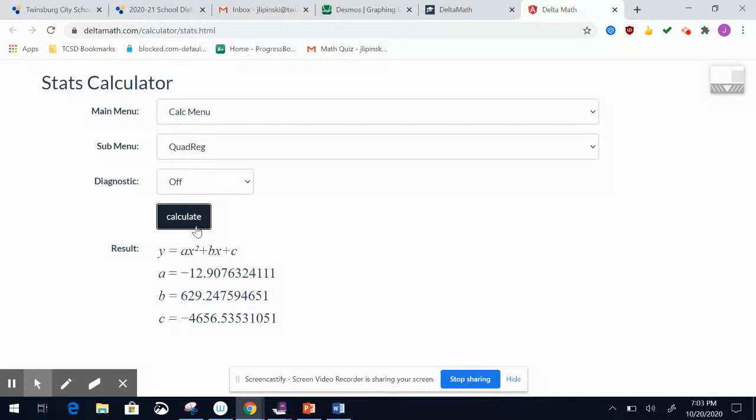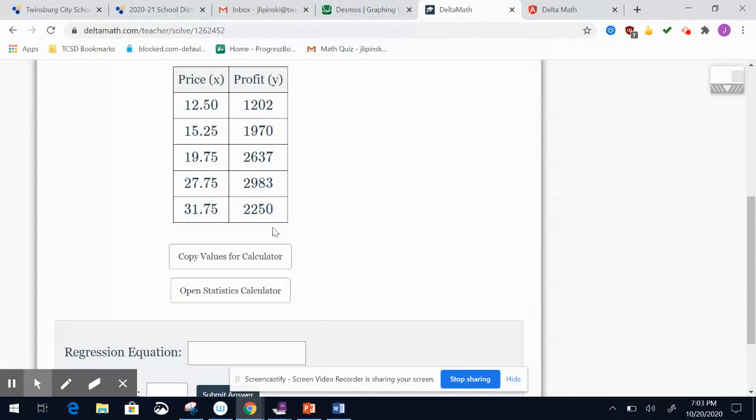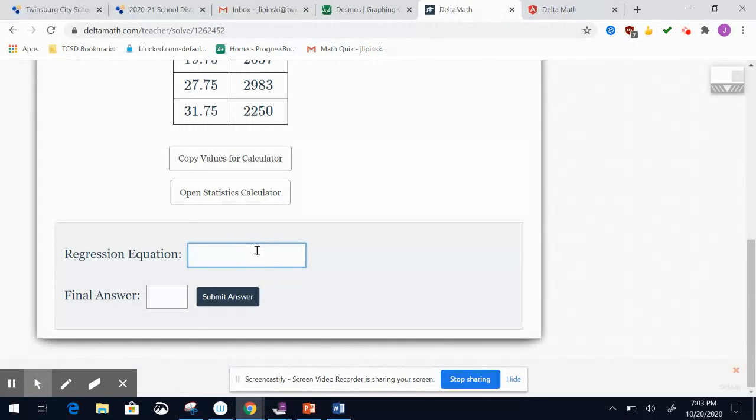My A is the number in front of the x squared. So they wanted the nearest tenth, so it would be negative 12.9x squared, okay, plus 629.2x, and my C is minus 4,656.5. So this would be the equation that I would go back and plug into right here, my regression equation.